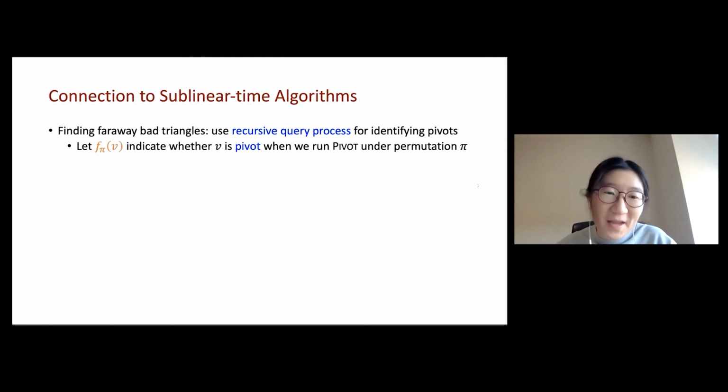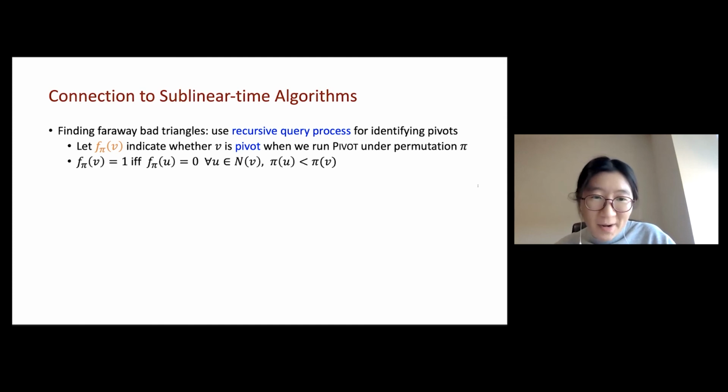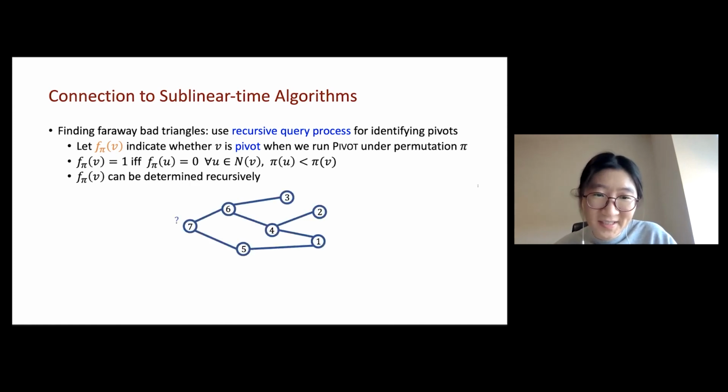So let f_pi(v) indicate whether v is a pivot when we run the original pivot algorithm under permutation pi. And it's clear that v is a pivot if and only if none of its smaller rank neighbors are pivots. And this can be determined recursively.